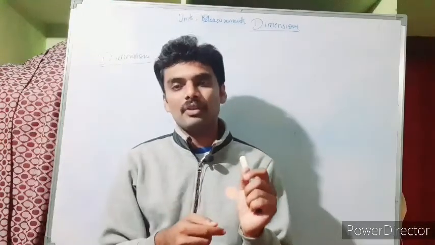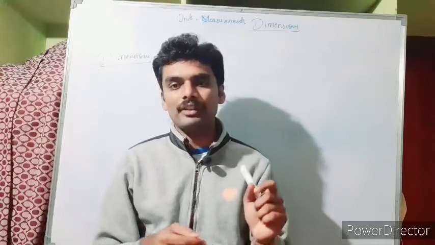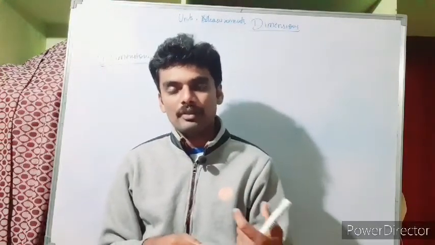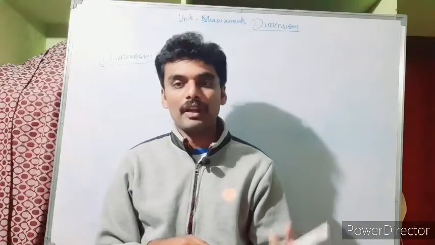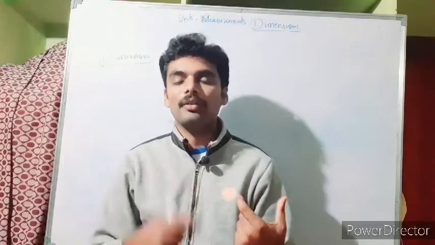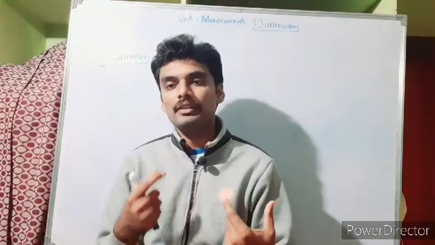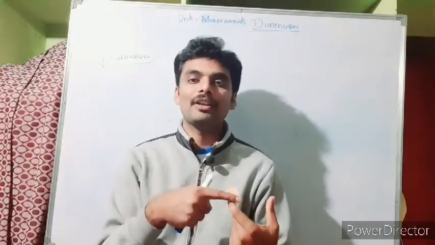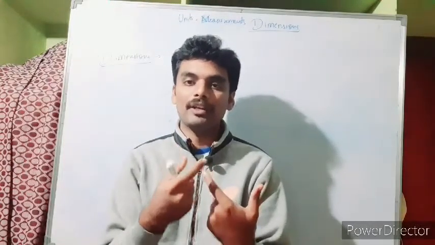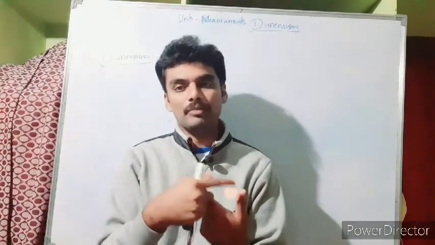But when I say velocity, the SI unit of velocity is meter per second. And that unit of velocity can actually give me the idea how the quantity velocity is dependent on base quantities length and time, because the units are meter and second, meter per second.